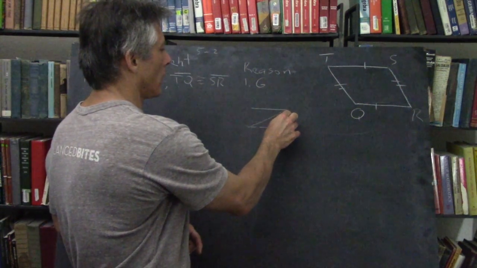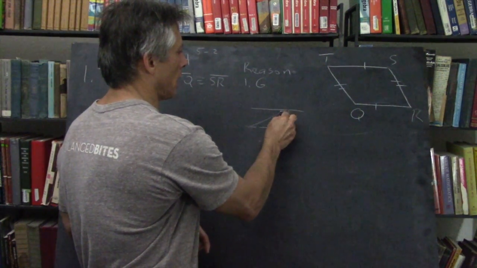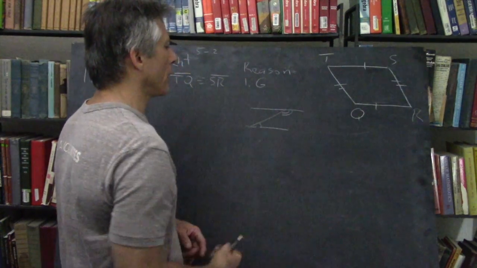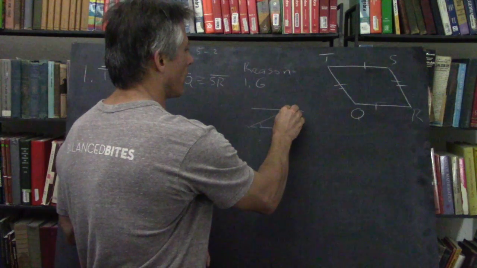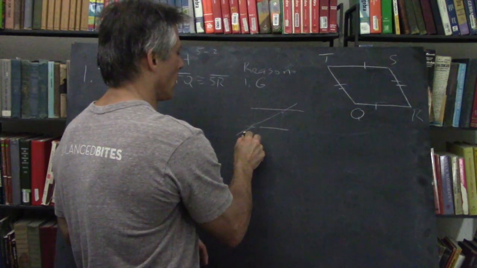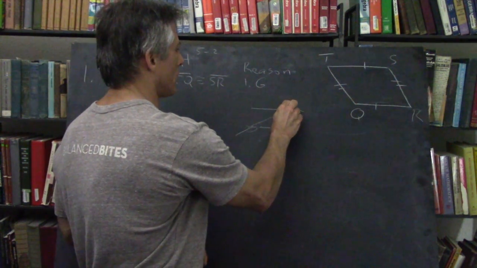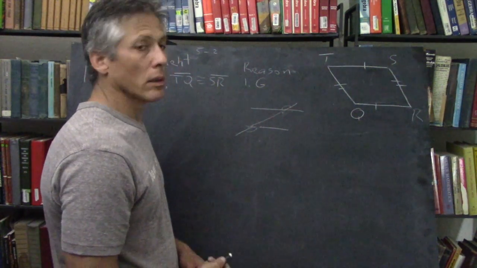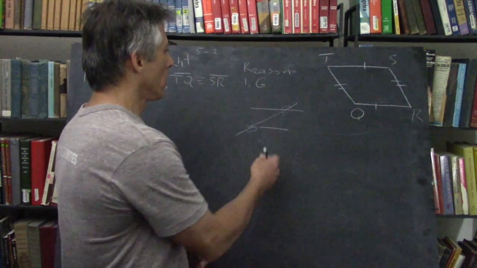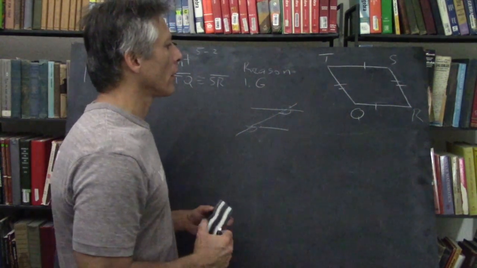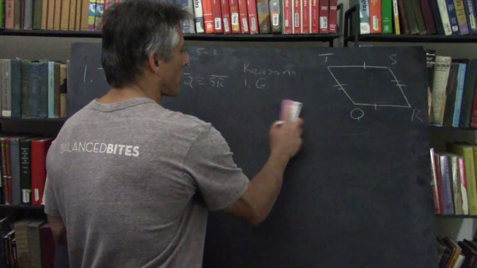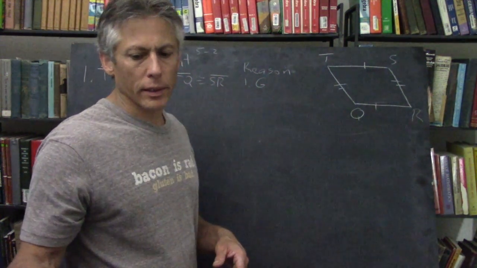If same side interior are supplementary, the lines are parallel. If alternate exterior are congruent, the lines are parallel. If corresponding are congruent, the lines are parallel. So there are a number of things we can do. We just got to see what goes in this case.